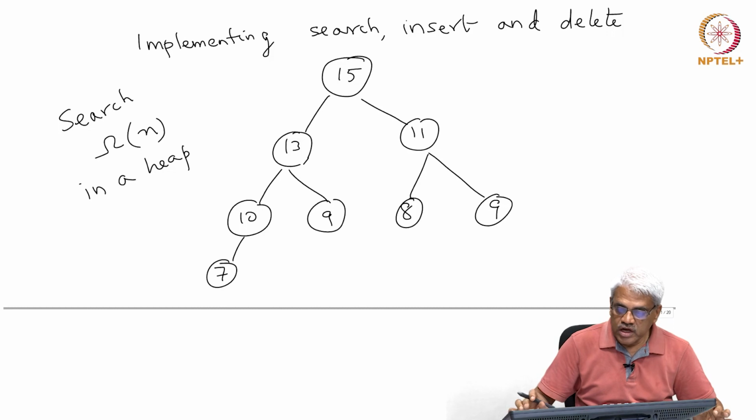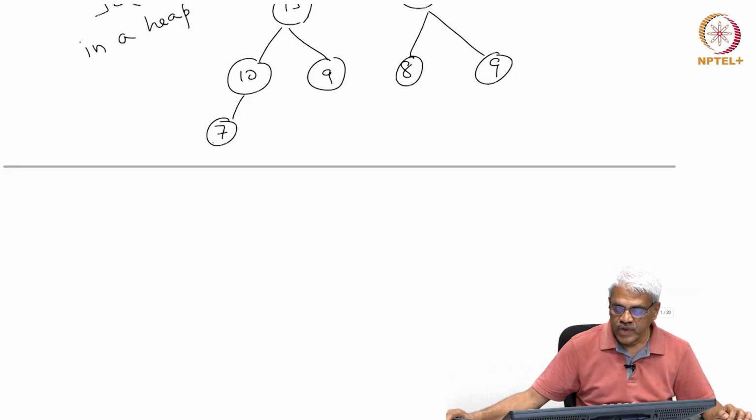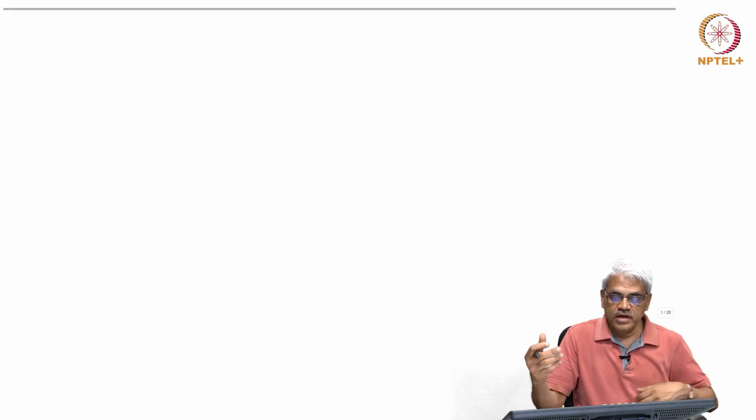Okay, so now how do I support search and insert? That question remains elusive, and we are going to look at it today. The way we are going to solve it is by capturing the binary search method and maybe getting some tree out of it, and then we will start from there.